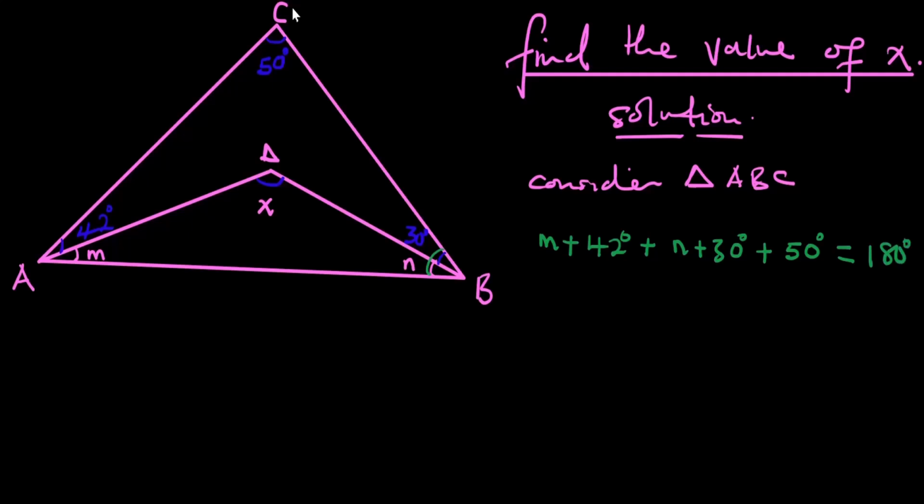From here, we have M plus N, plus the sum of 42, 30 and 50, which is 122 degrees, equal to 180 degrees.